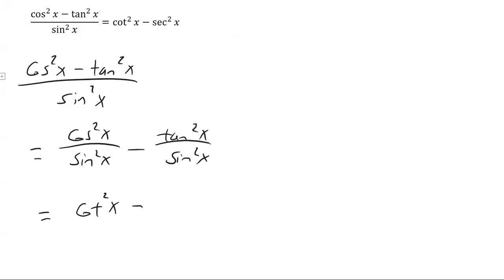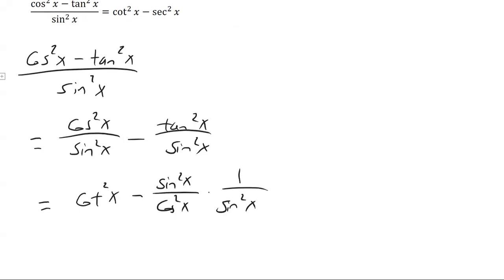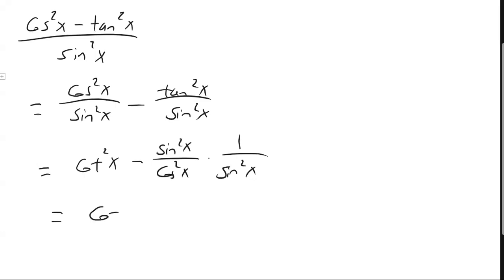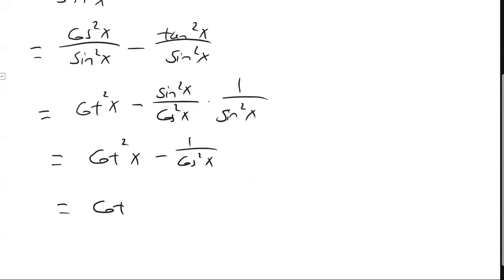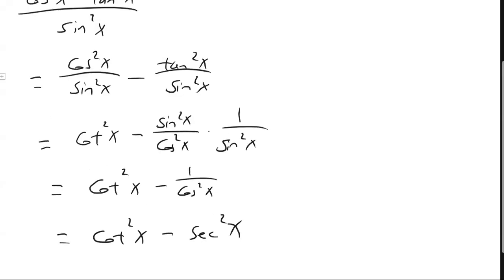Well, tangent squared is sine squared x over cosine squared x. And then we have another 1 over sine squared x already there. So this becomes cotangent squared x minus 1 over cosine squared x. And by definition, or really identity, whatever you want to call it, this is secant squared x. And there's our original guy.